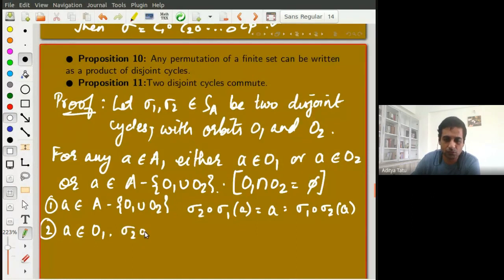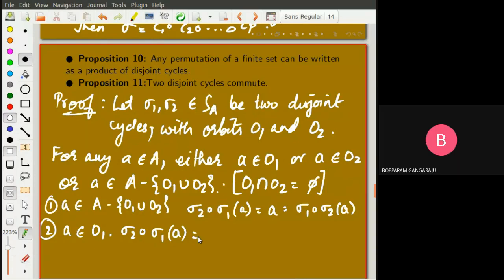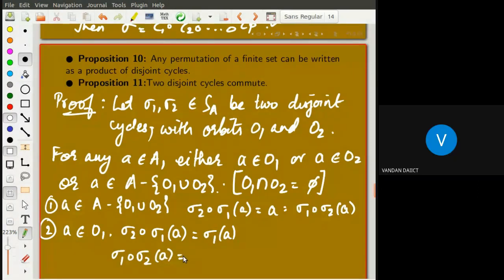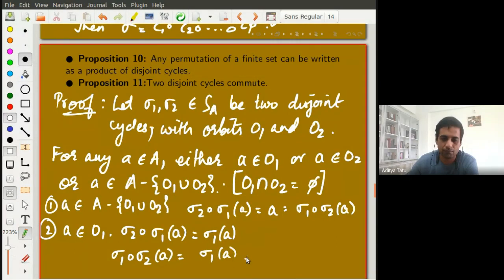Then sigma 2 composed with sigma 1 applied to a gives sigma 1 of a. And sigma 1 composed with sigma 2 applied on a also gives sigma 1 of a. Then similarly, you can work out the third case as well. Therefore, sigma 1 composed with sigma 2 is equal to sigma 2 composed with sigma 1, as far as sigma 1 and sigma 2 are disjoint cycles.